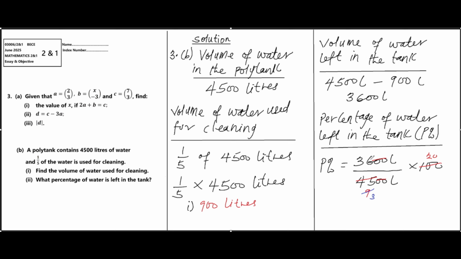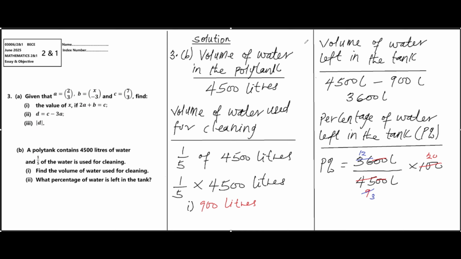And then 3 goes into 36. So 3 goes into 30, that is 10. 3 goes into 6, that is 2. So that is 12. So we now have 12 on 3 by 20.